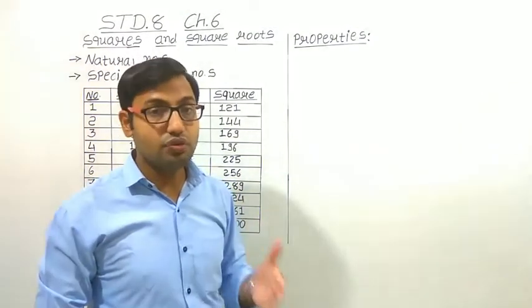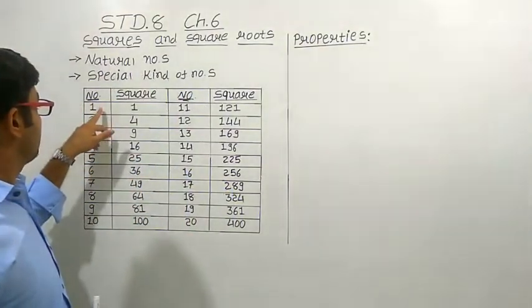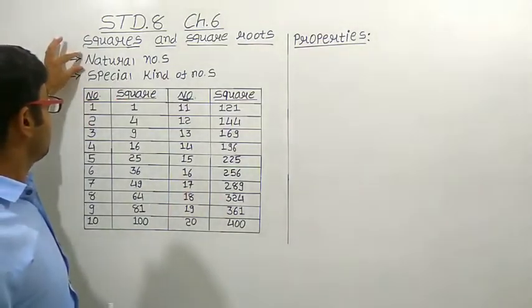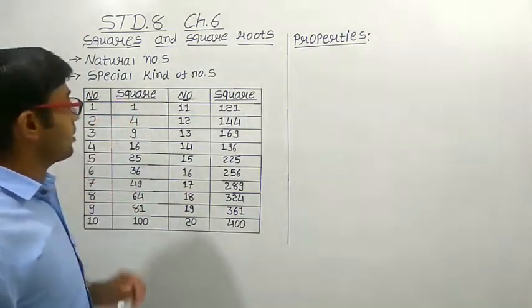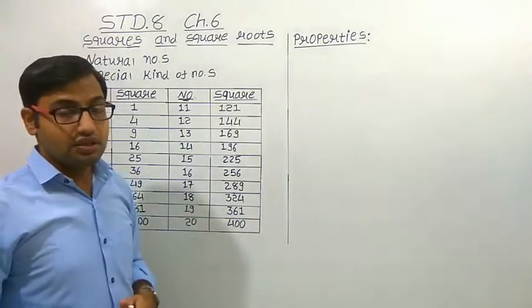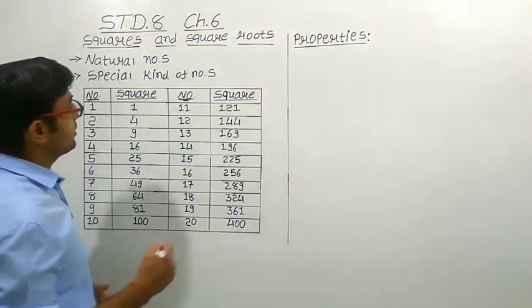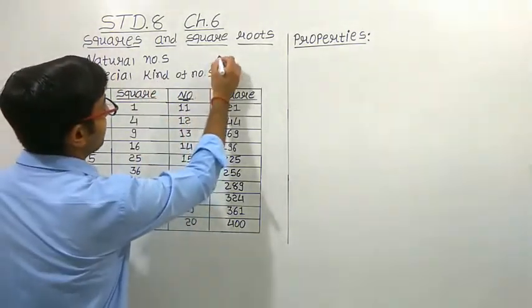Now what is the square number? Let's suppose take one number, the first number, that is 1. The first natural number is 1 and its square is what? It is 1. So how can we find the square of any number? Let's suppose a natural number n.